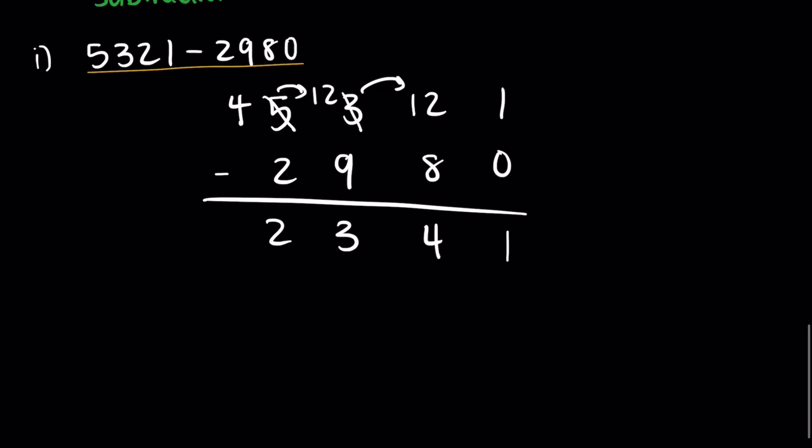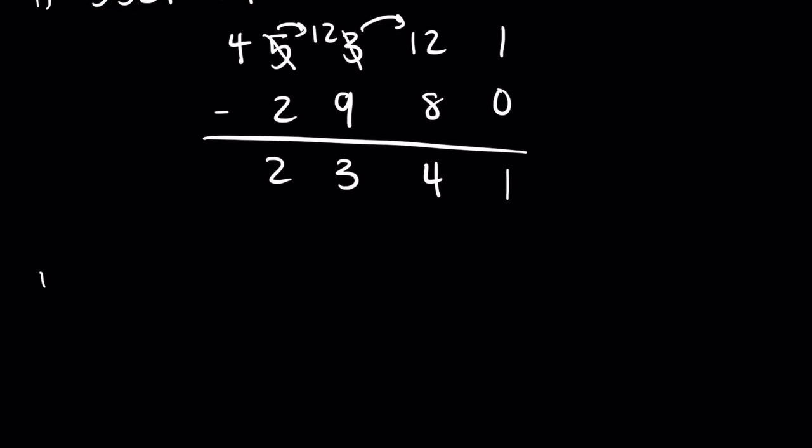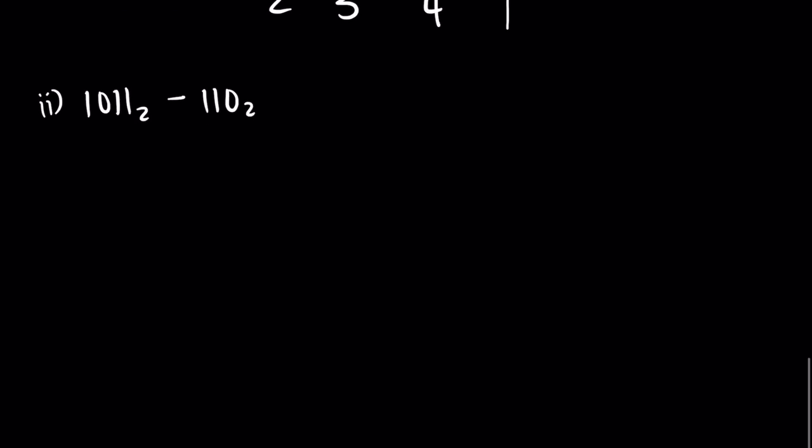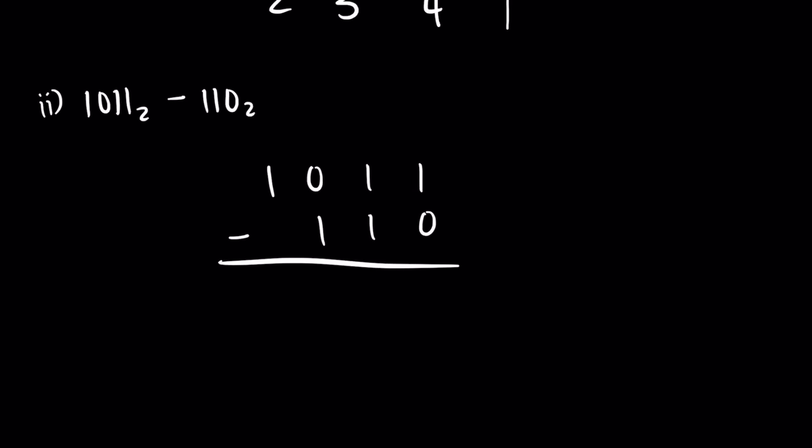Now, let's start subtracting numbers of a different base. 1011 minus 110, both binary numbers. 1 minus 0 is 1. 1 minus 1 is 0. 0 minus 1, we can't do this, so let's borrow 1 from this next place, which leaves 0.